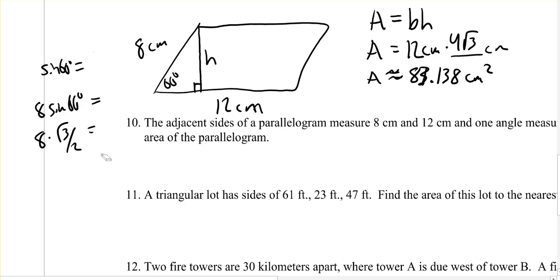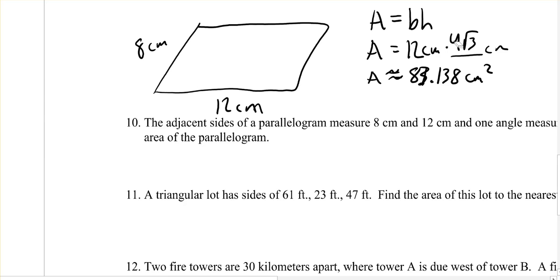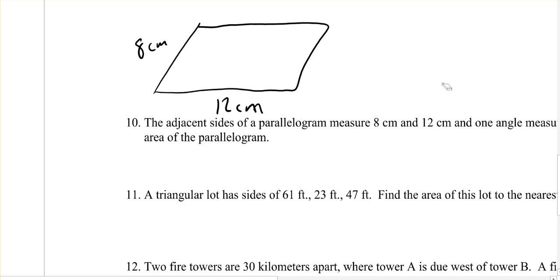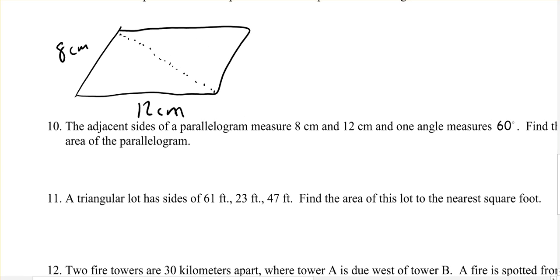But another option, one that would fit into what we've been doing, just a different approach on the question, is you could say, I'm going to figure out the length of this diagonal. I'll call it A. You can figure out the length of that diagonal just by looking at this triangle. You could do your law of cosines.